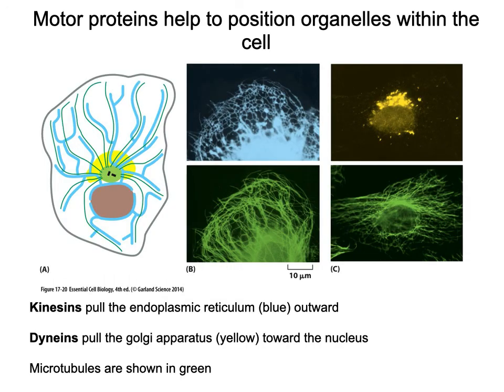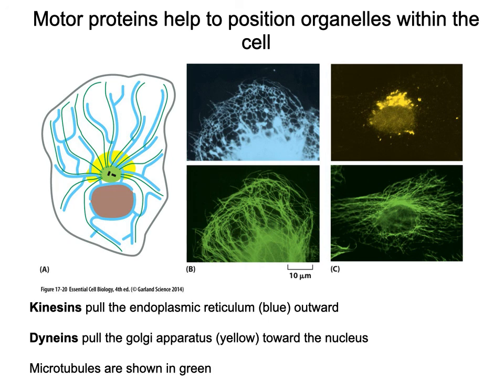So in this figure here, we can see how these microfilaments are going to be used as a scaffolding, a highway for organelles to be found along, because if organelles need to be moved, they would be able to be moved along these microfilaments.